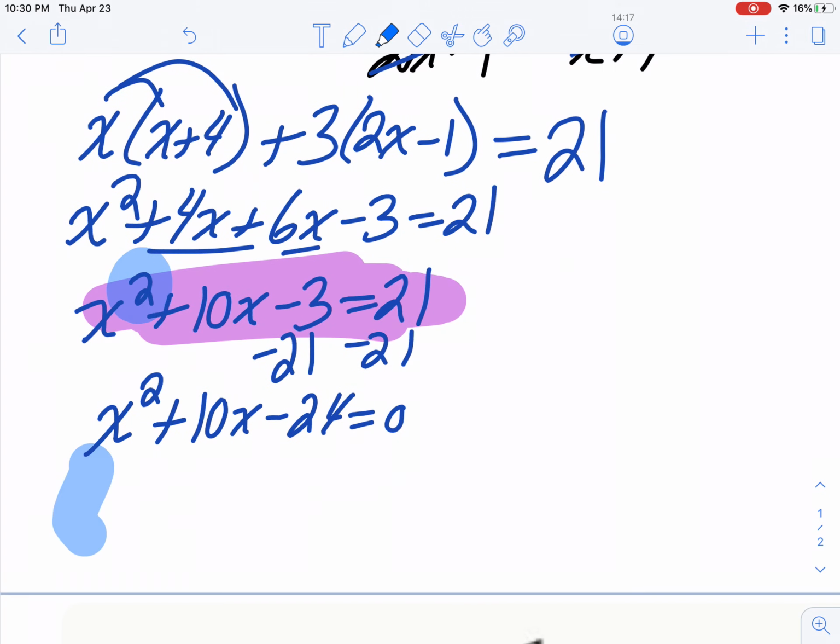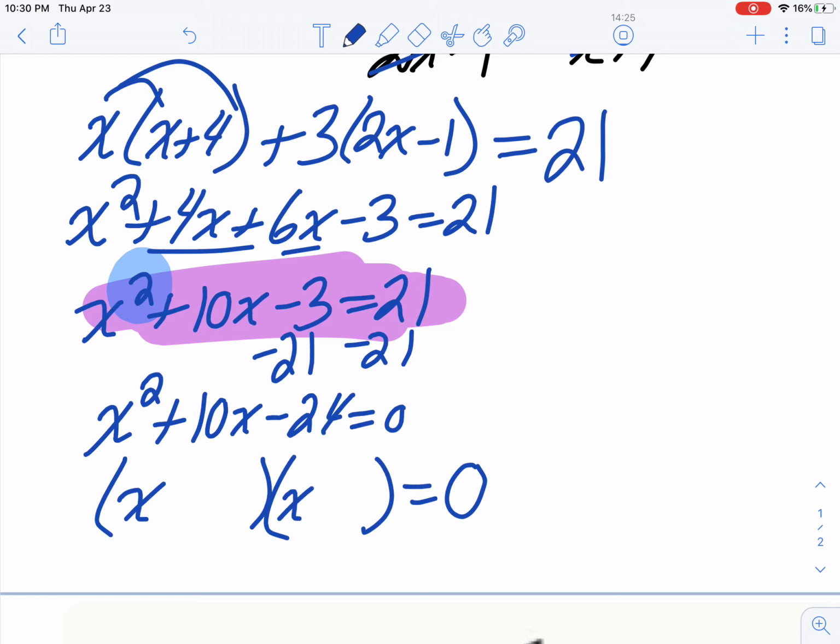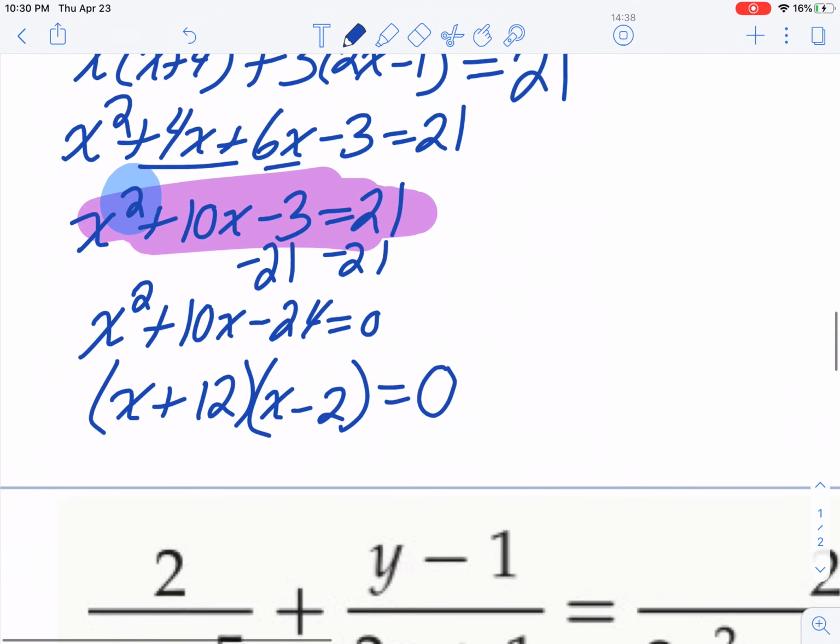Now I can factor this, by getting my 2 parentheses, x and x. I've got a minus sign in the back, so it means I'm going to have 1 of each. I need to multiply to negative 24, add to positive 10. The only way I do that is x plus 12 and x minus 2.